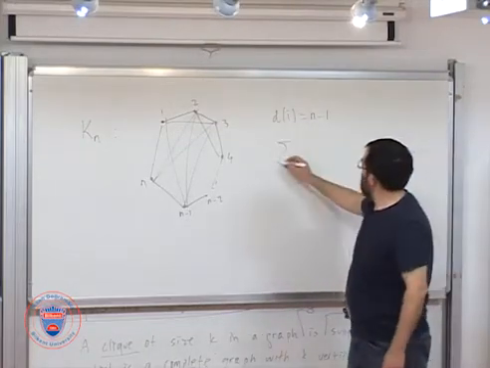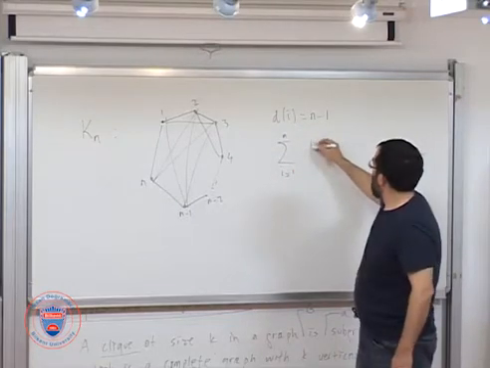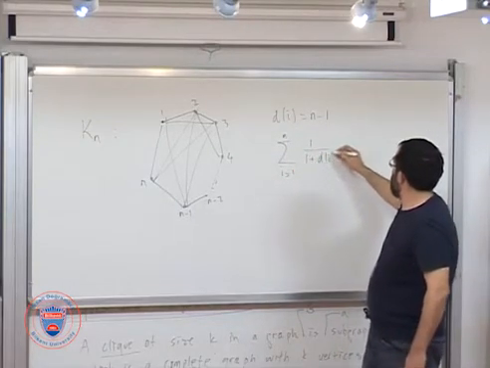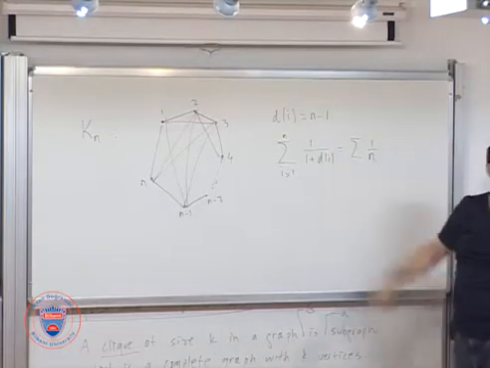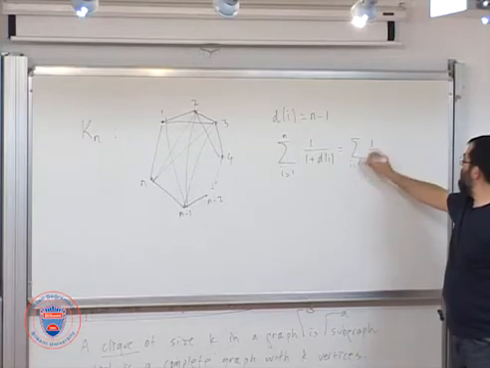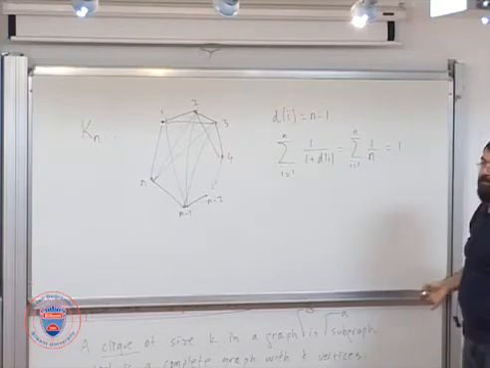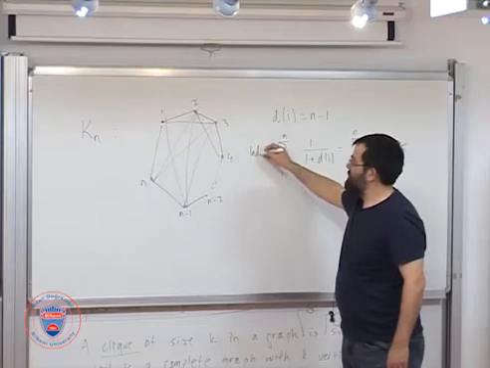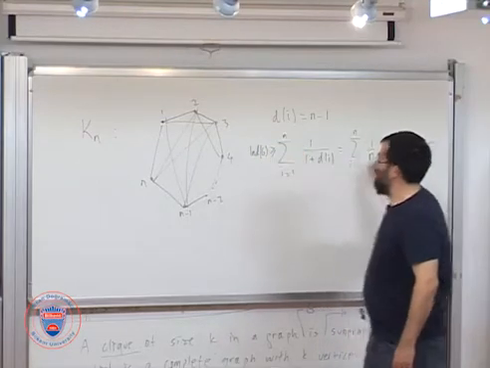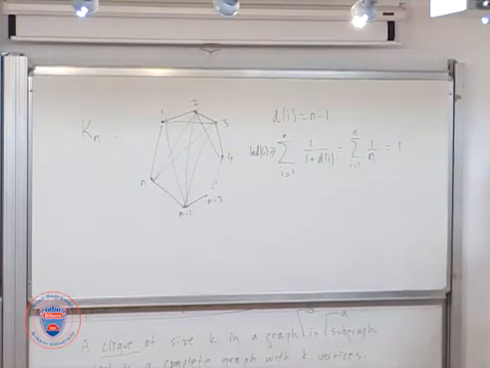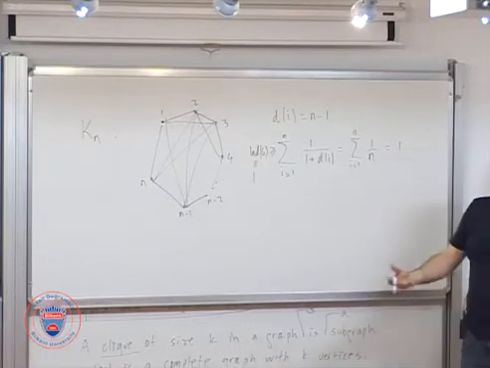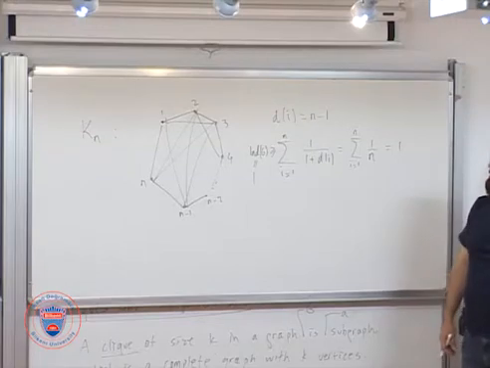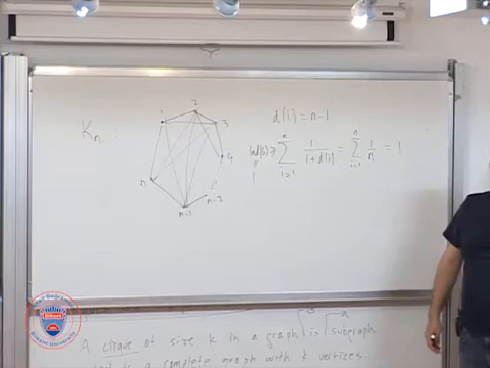Now, if you do the sum over the vertices of 1 over 1 plus di, you get the sum over n terms of 1 over n, because you add 1, so you get 1. So your lower bound for the independence number is 1, which makes sense, because in this case your independence number is 1. You cannot find two points which are not connected. So it's the best estimate in some cases.